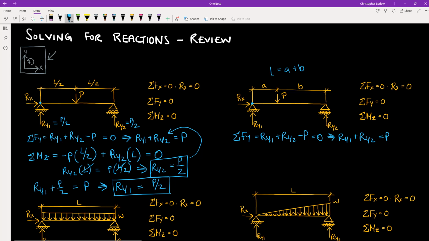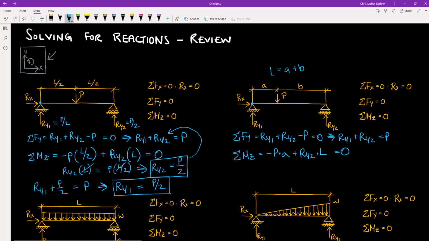Next, with our sum of moments in the z direction, we will take the moment at the same location as our last example, at our pin support on the left. We will now have P times a, and again that will be negative, plus Ry2 times L equal to 0.